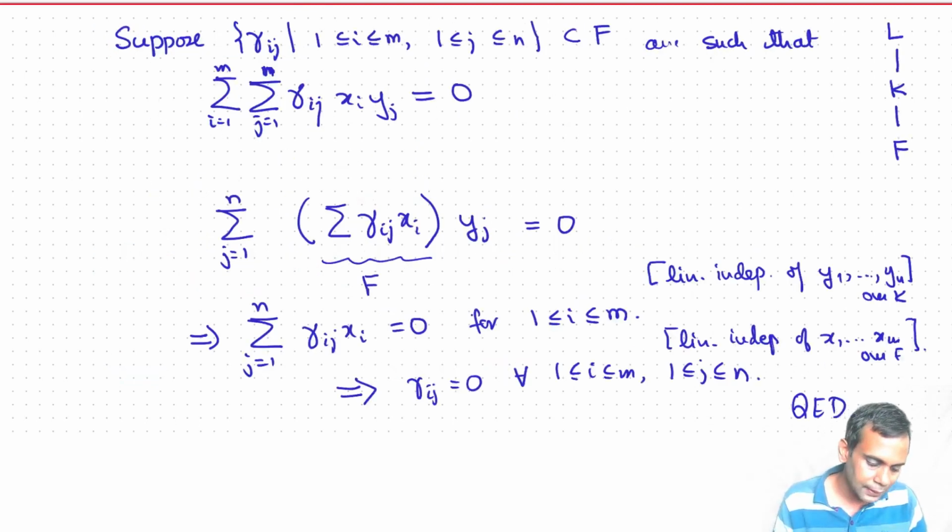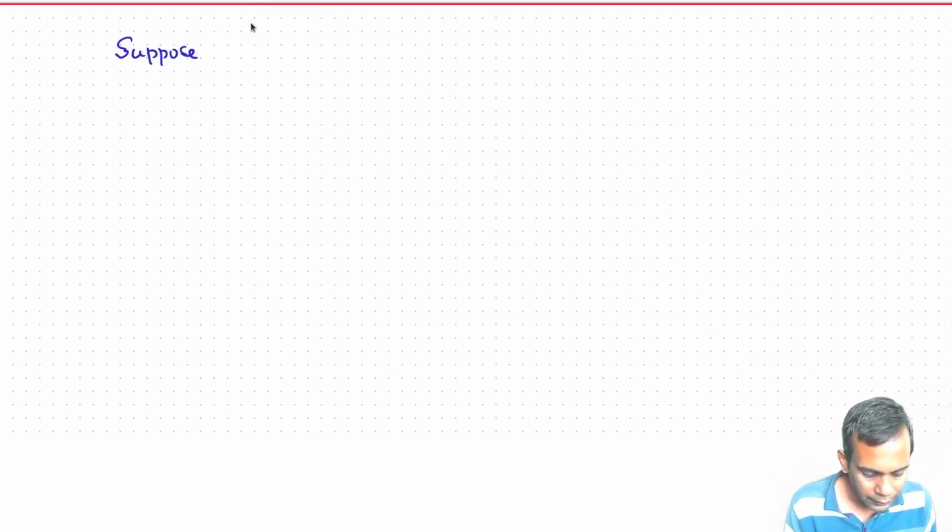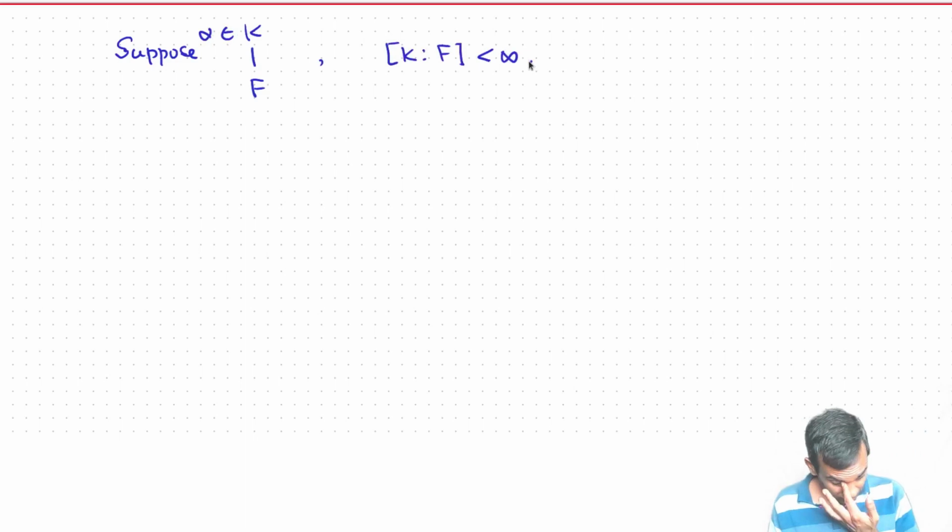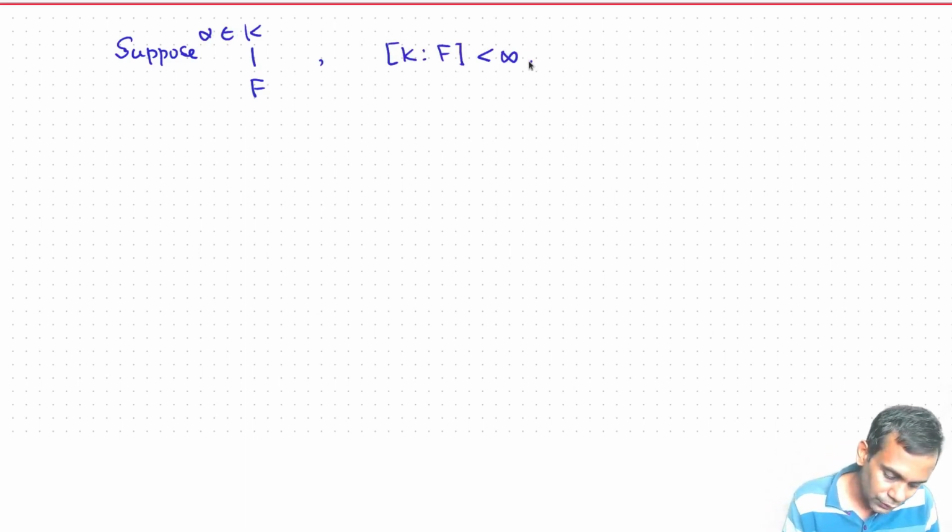So let's suppose that we have an extension, let's just call it K over F, and we have alpha here, and the index of K over F is finite. Okay, if it's infinite, this really won't say anything.